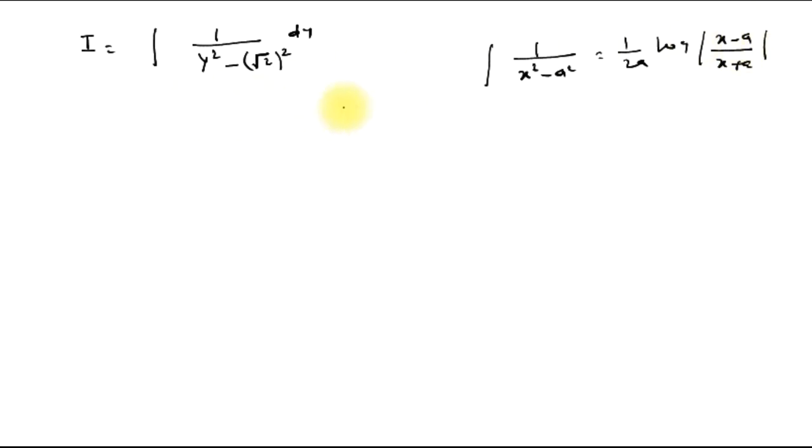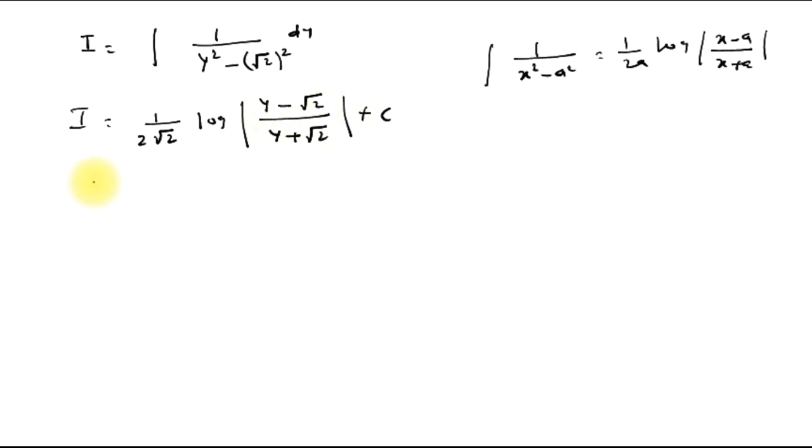So putting this integration in this standard one, we get I is equal to 1 over 2 root 2 into log modulus of y minus root 2 divided by y plus root 2, right, plus integration constant c.